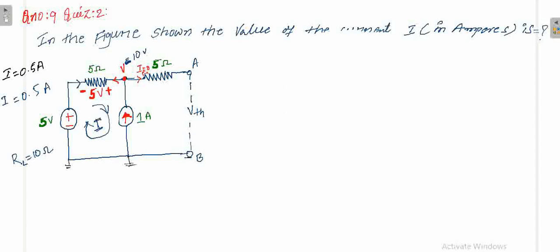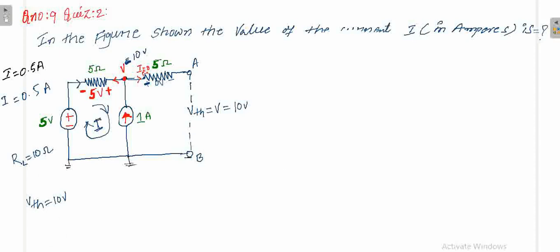So the voltage drop here is 0 volts. Whatever voltage appears across this branch, the same voltage will appear between terminals A and B. So from this observation we can write VTH is equal to V, that is 10 volts. So here we got VTH is 10 volts.